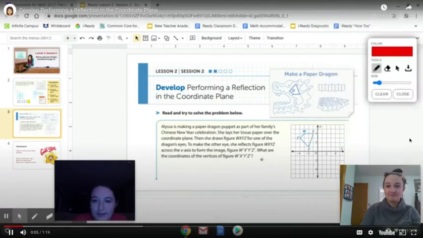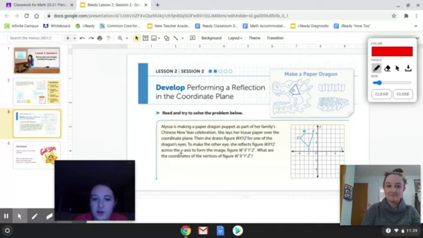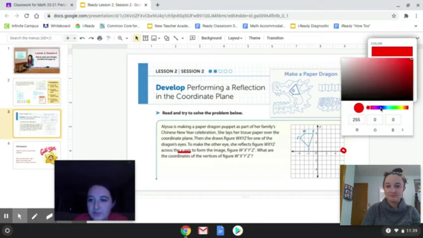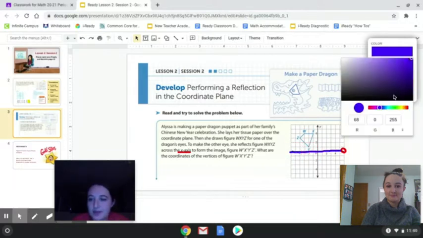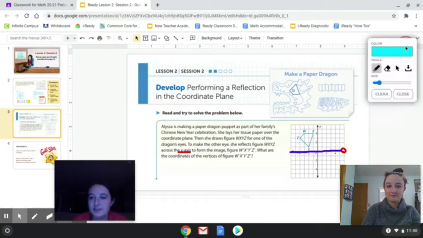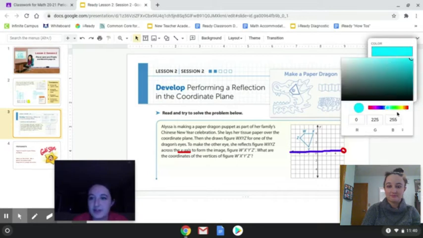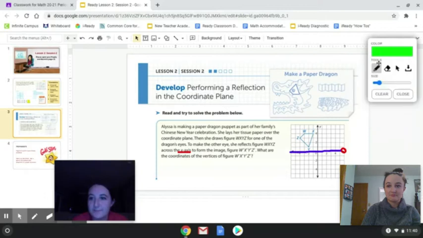Alright, so right now Alyssa is making a paper dragon and she wants to reflect the figure across the x-axis. Therefore, our line of reflection is going to be our x-axis, so this line here. That means that each point of our new figure needs to be an equal distance from the line of reflection as our old figure. Our Y is 1 point away, so we go 1 point away here.